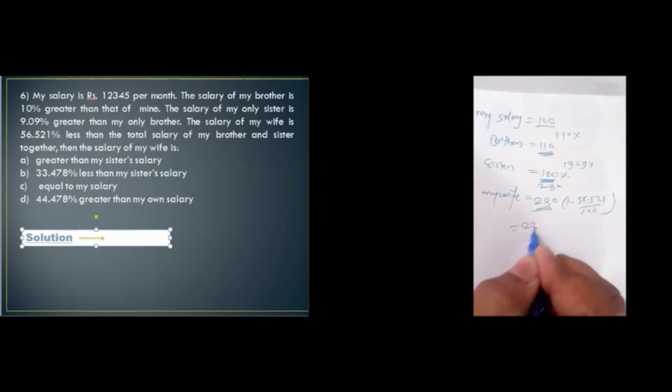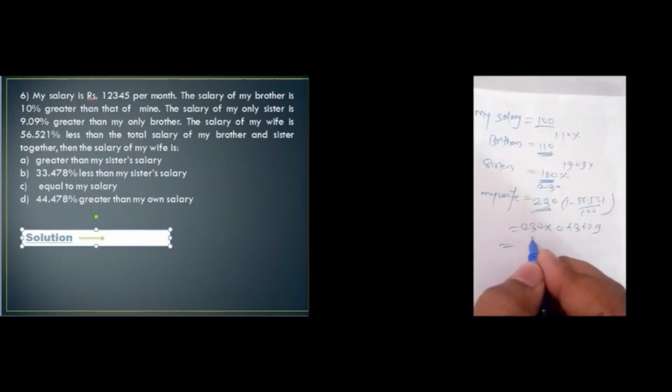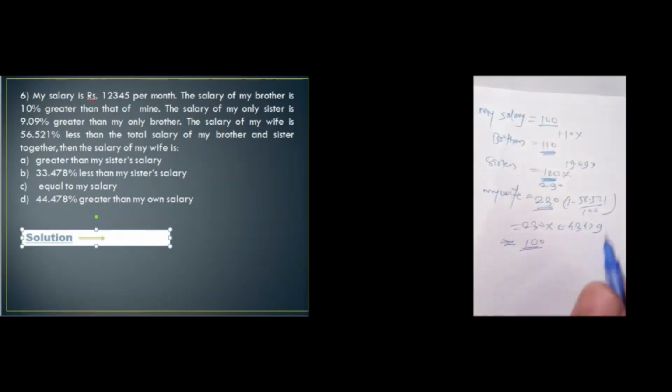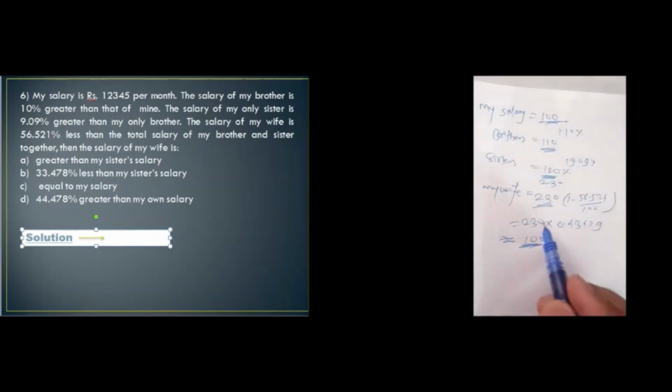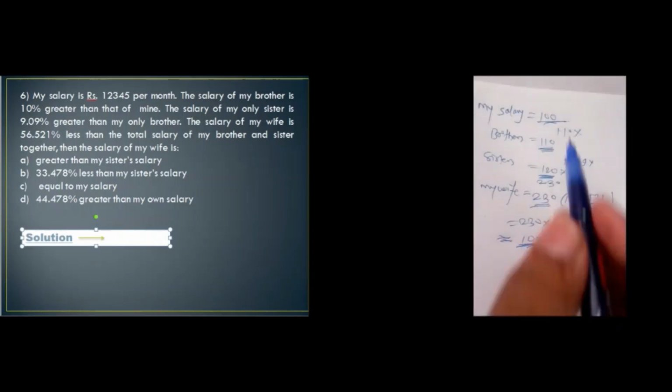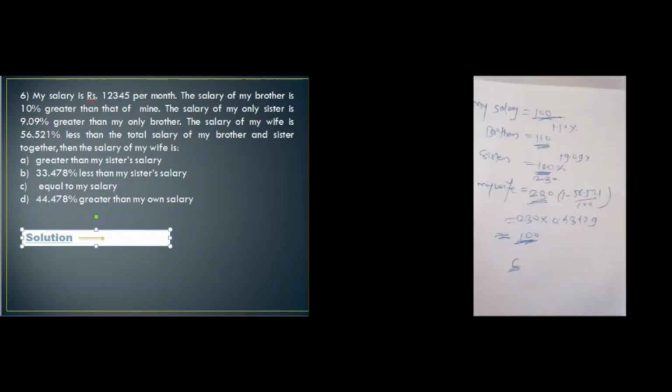So it will become 230 into, if we calculate this, 0.43479. When we multiply this with 230, it will come out approximately 100. So if you see my salary and my wife's salary, they come out to be the same. My salary is 100 rupees, and the wife's salary is also going to be 100 rupees. So for this, option C is correct. Option C is equal to my salary.